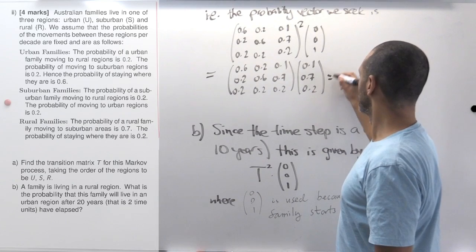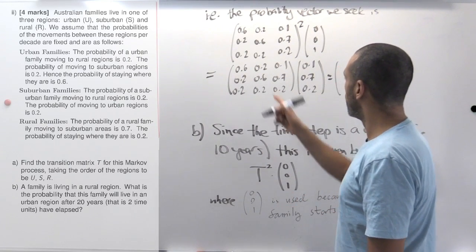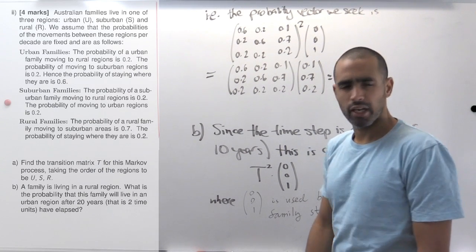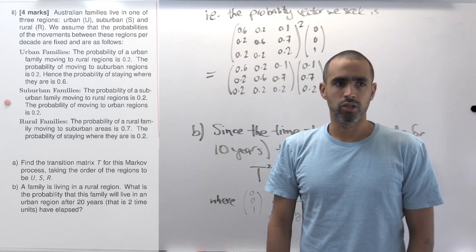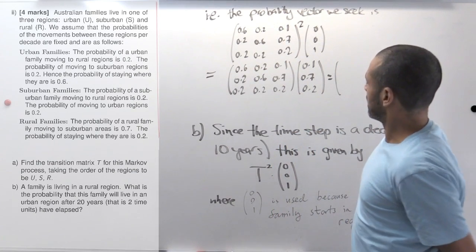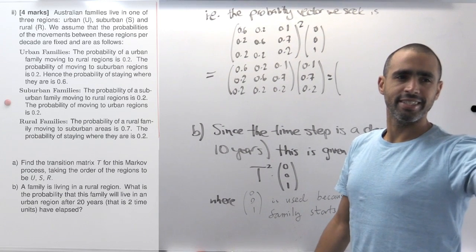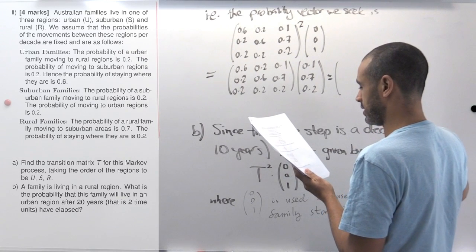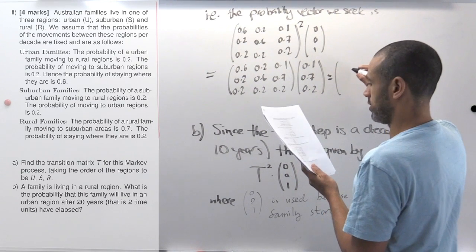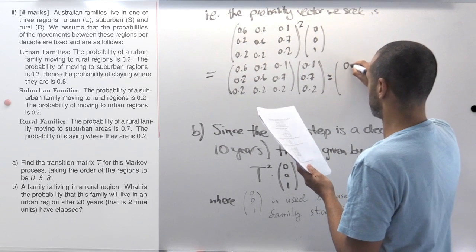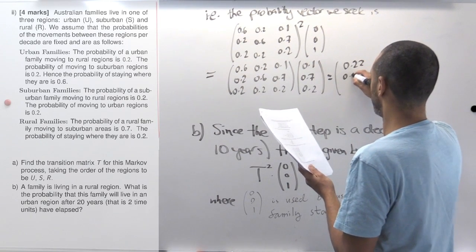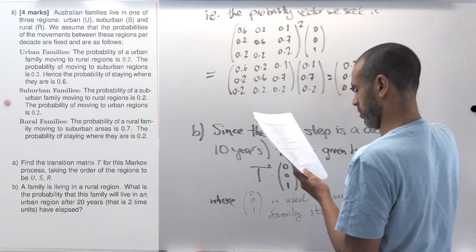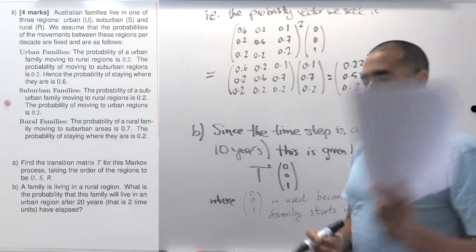And then now I need to do this calculation. You guys have a calculator, I think, in the exam, so you should be able to compute this. Give me the solutions, yes. Thank you. So the solutions end up looking like this: 0.22, 0.58, 0.2.